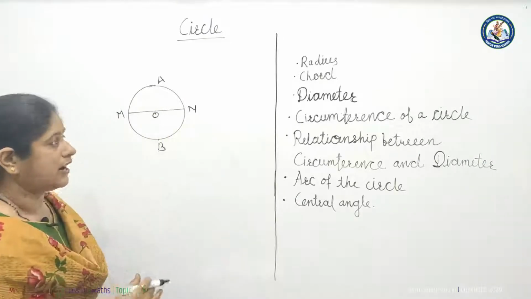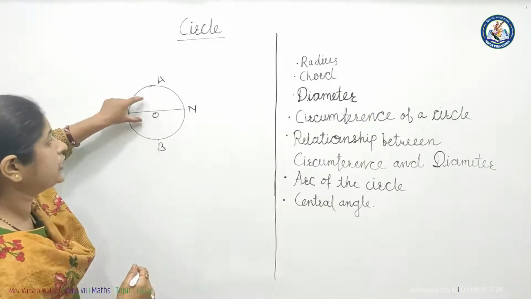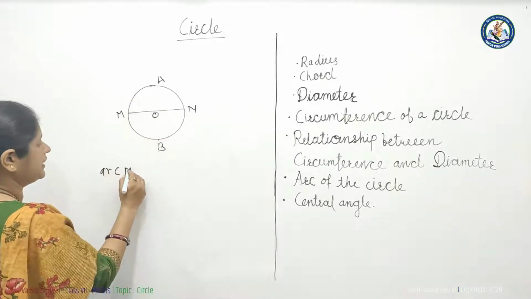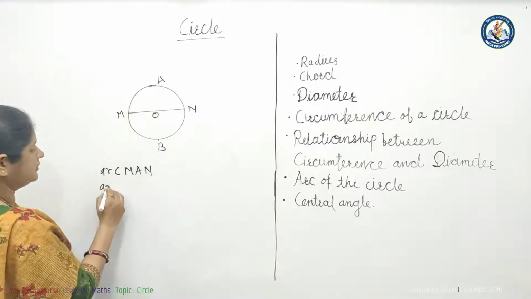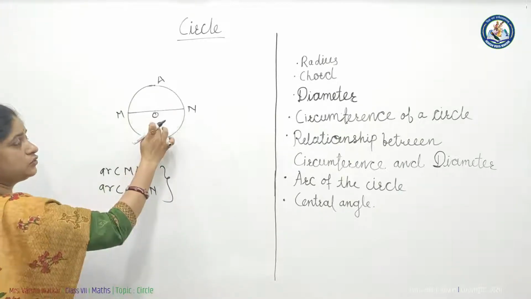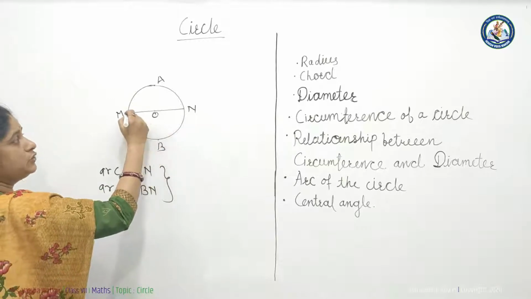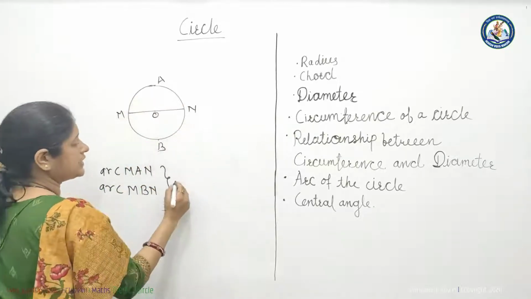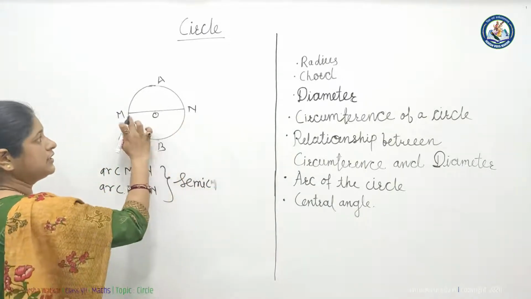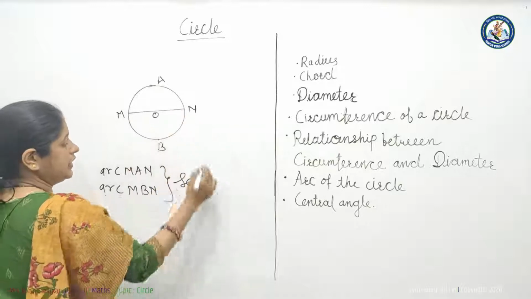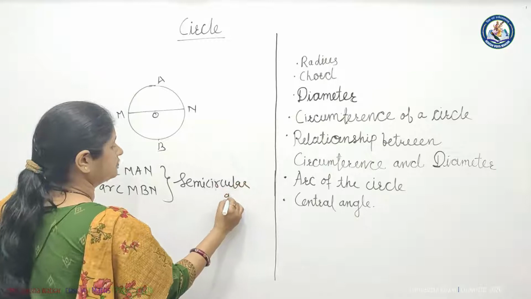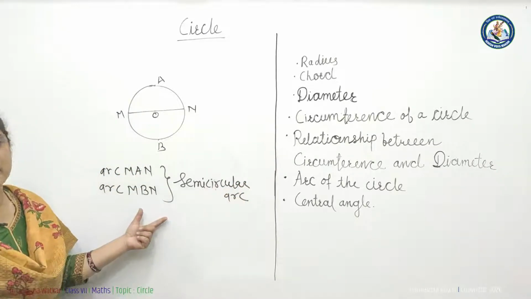Now these arcs are 2 equal parts of the circle. Arc MAN and arc MBN are called semicircular arcs. It forms two semicircles, and therefore these arcs are called semicircular arcs.